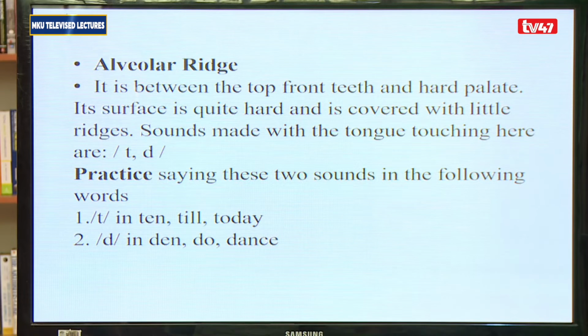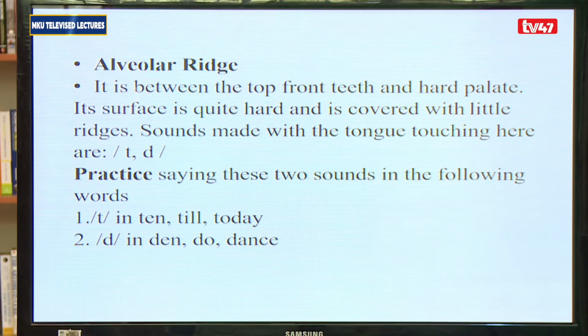We have already identified the hard palate, the roof of the mouth. Now, there's a ridge there that is at the front of the teeth. It is called so because it is covered with little ridges.